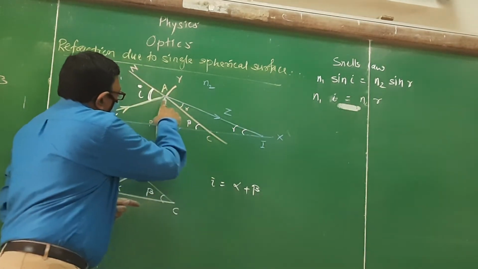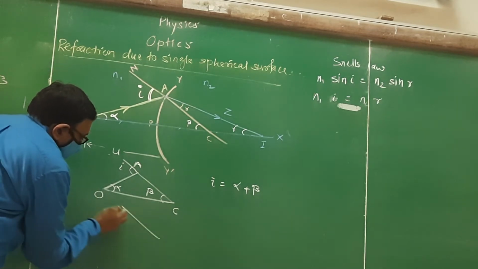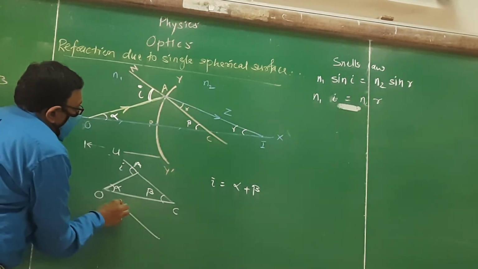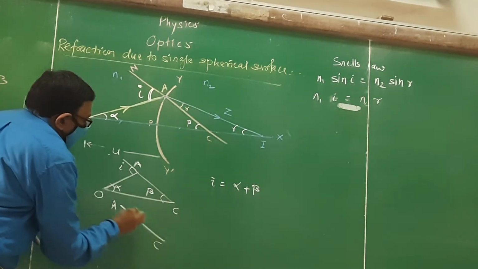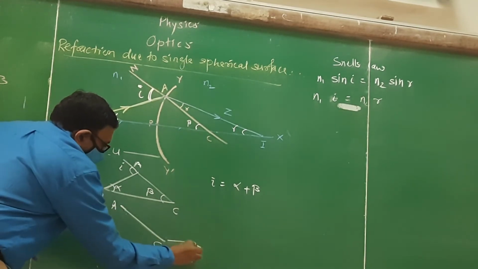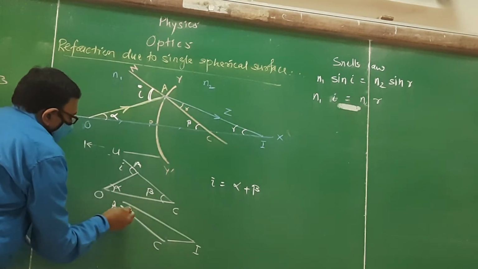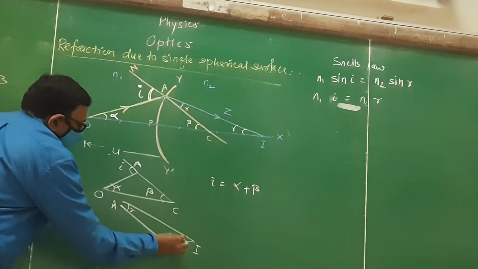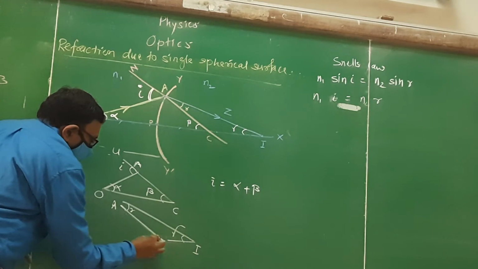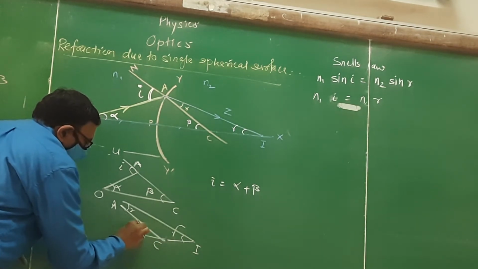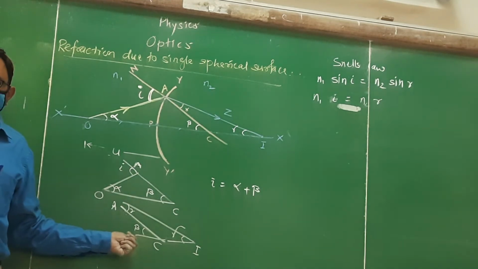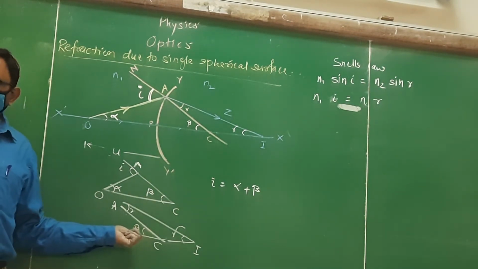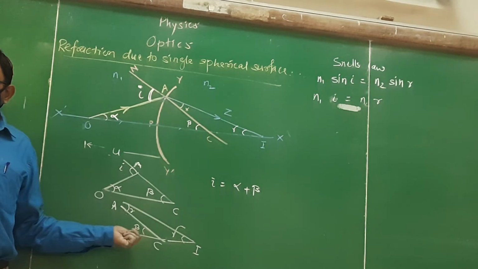And also from the other triangle, A, C and here it is I. From this triangle, this one is R, this is gamma and this one is beta. Can anyone say the value of beta from this? Who will say?